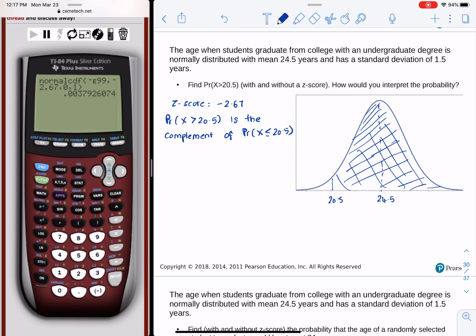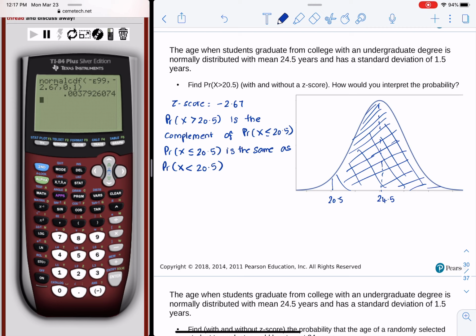But when it comes to normal distribution, probability of x less than or equal to 20.5 is the same as probability x less than 20.5, because an exact probability is typically 0 with a normal distribution.